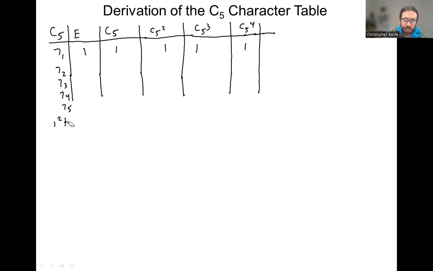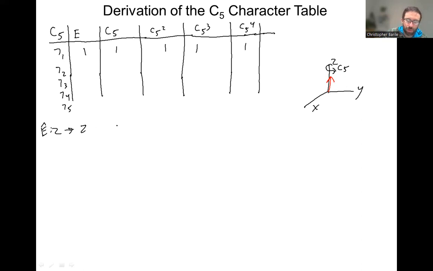So let's instead look at how different functions transform. The first one we're going to look at is z. So I'm going to draw our axis system here. We're going to think about our z vector. If we do an identity on the z vector, we're just going to get z back.